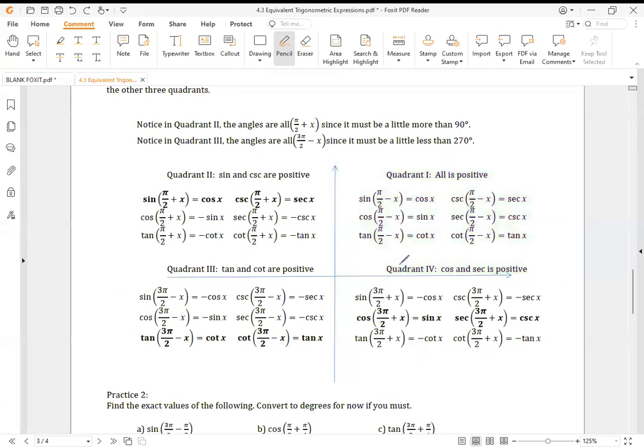Okay? Why? Well, take a look at these things right here. Pi over 2, pi over 2, pi over 2. Everything is with respect to pi over 2. The angle that we're dealing with is pi over 2 minus whatever I have here.